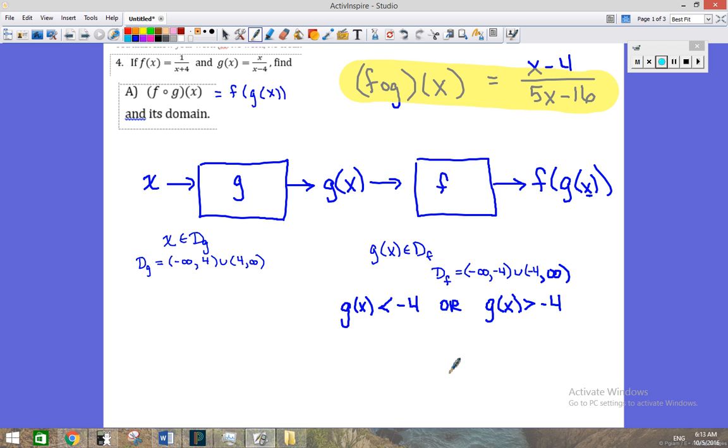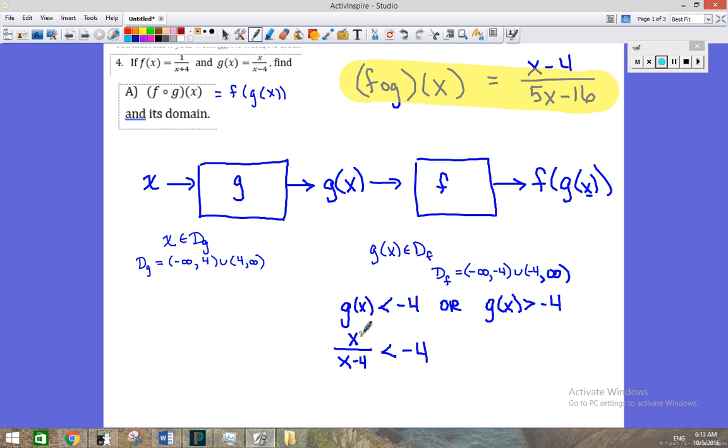So let's take a look and see what's going on when we substitute in for g of x. Alright, so g of x is x over x minus 4, and this is strictly less than negative 4.